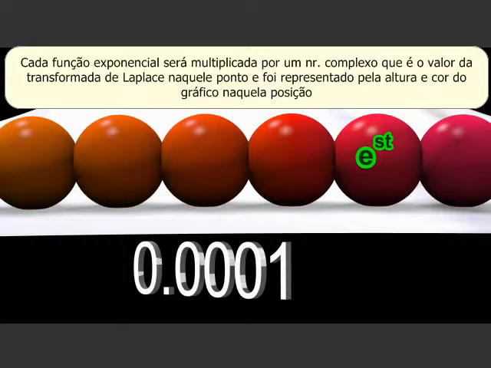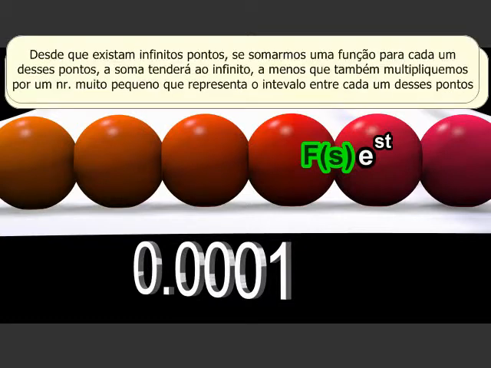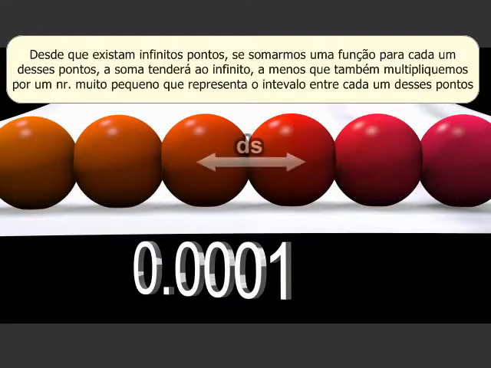Each of the exponential functions will be multiplied by a complex number that is the value of the Laplace transform at that point, as was represented by the height and color of the graph at that location. Since there are an infinite number of points, adding a function for each of these points will add up to infinity, unless we also multiply by the extremely small number that represents the interval between each of these points.